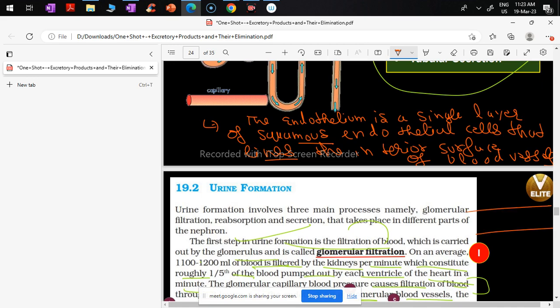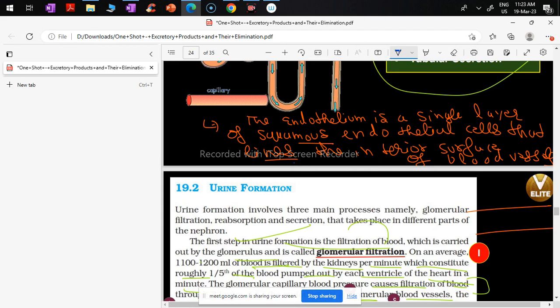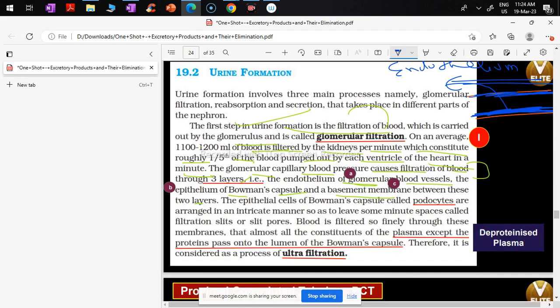See, if this is my blood vessel, it is lined by endothelium. This blue colored part will be the endothelium. This is the general concept in all the blood vessels, and also here that we discussed.